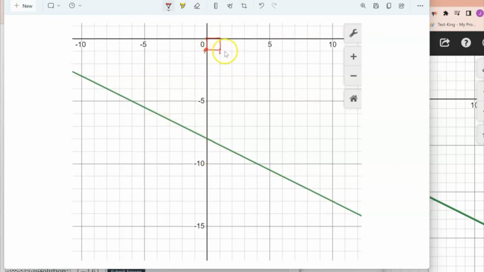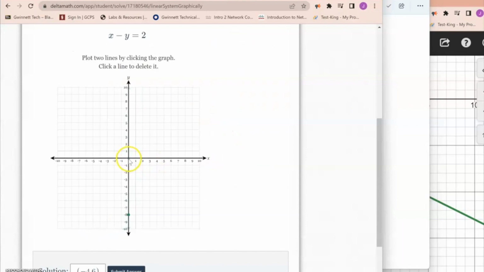This is a corner, this is a corner. I'm going to start going across. Is this a corner? Nope. Is this a corner? Yes, it is. So that crosses a corner. My x is 1, 2, and my y is 5, 6, 7, 8, 9, -9. So (2, -9) is where I go. And you see it's the same line that we had before.